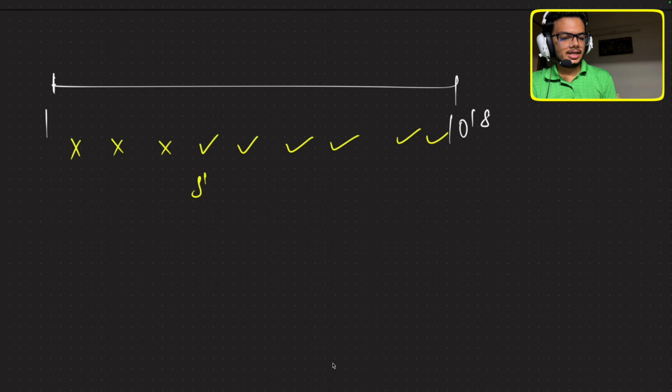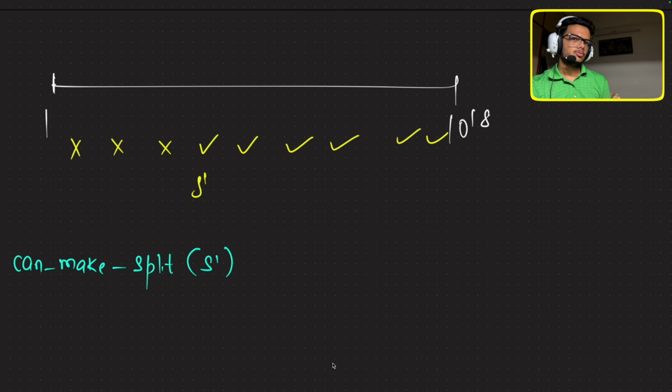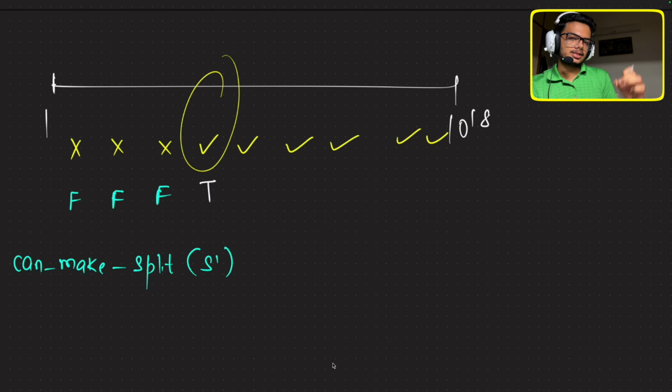So if I define a monotonic function here, can make split with the sum s dash, what is the property of this function? For some sums, it will return false, that is, I cannot create k splits with this sum, I'll need more splits. But after a while, if we can create k splits, let's say at the smallest sum such that the sum is not exceeding s dash, we can also create k splits after every sum afterwards, right?